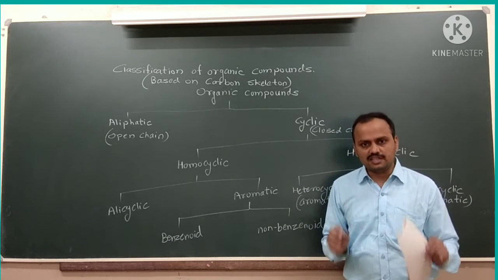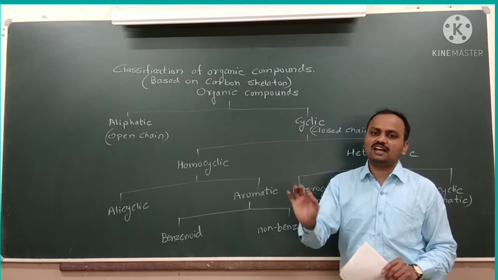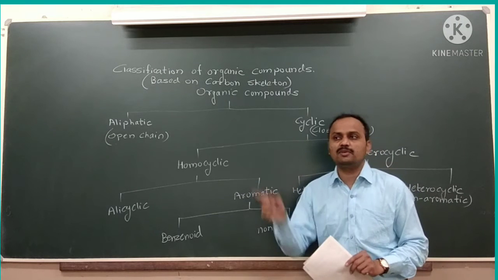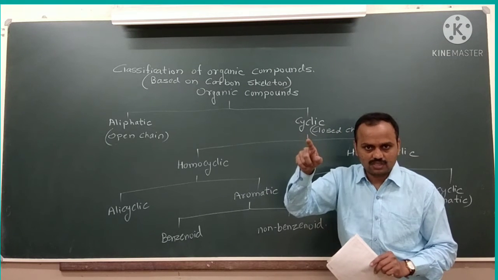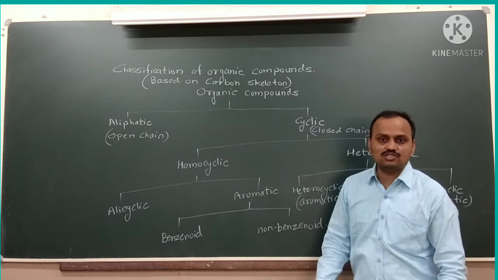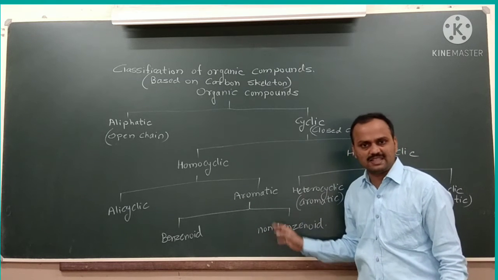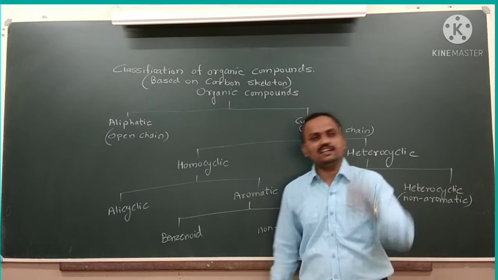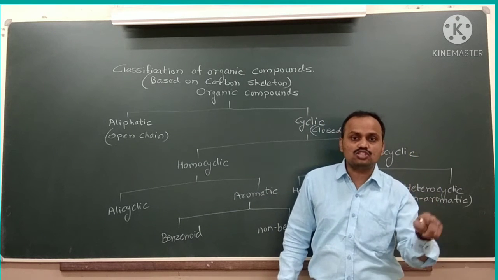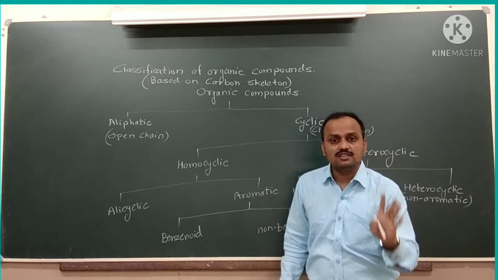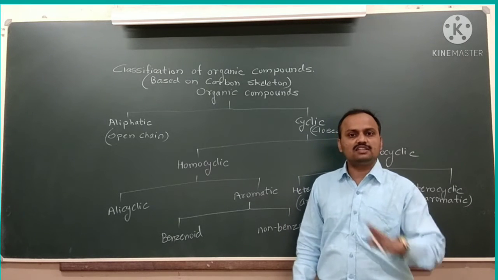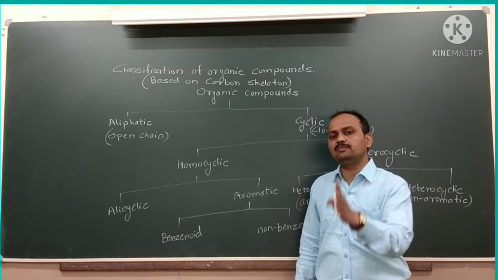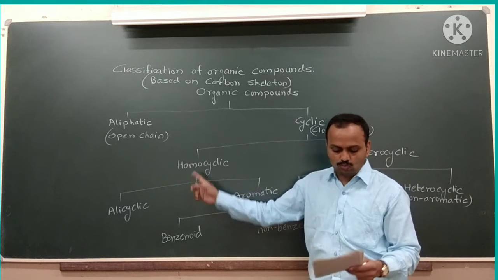Here the meaning is containing carbon as the constituent element of the ring, like the structure of benzene, which we are also going to see next. In homocyclic, other than carbon, no element is present in the ring.